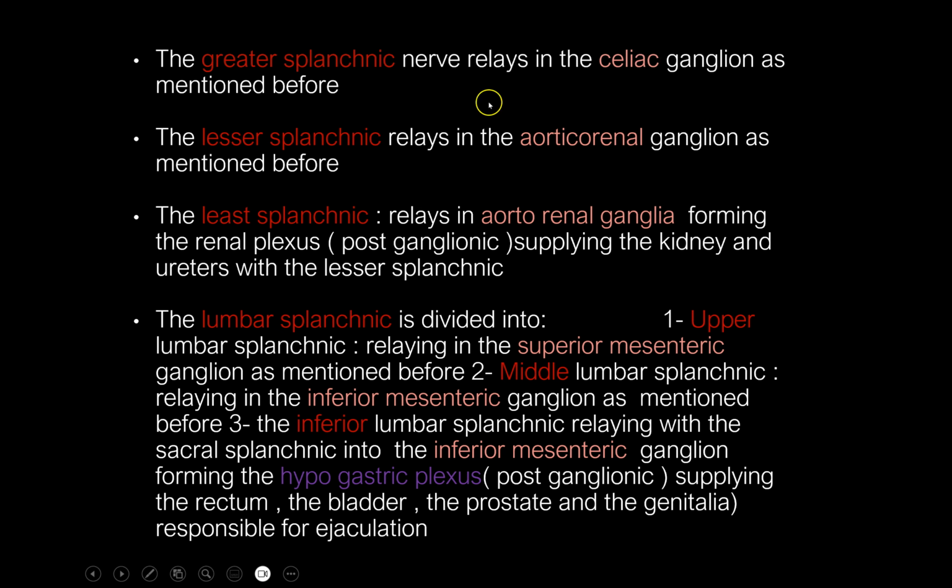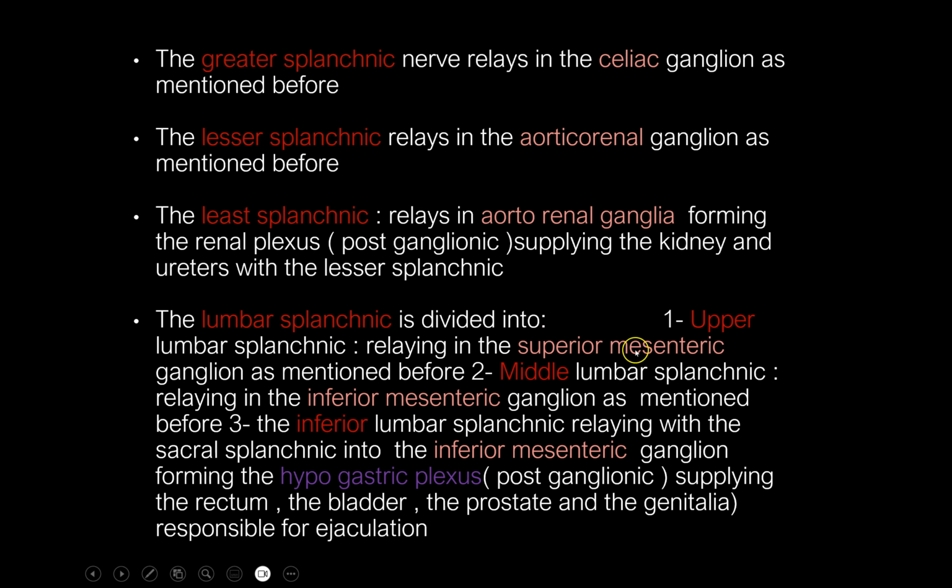as we said. Lesser splanchnic, aortorenal, going to the kidney and ureter. Least splanchnic, also in aortorenal. So the lesser and least, aortorenal, kidney and ureters. Lumbar splanchnic is divided into upper lumbar splanchnic with the superior, the middle with the inferior, and the inferior splanchnic also with the inferior.